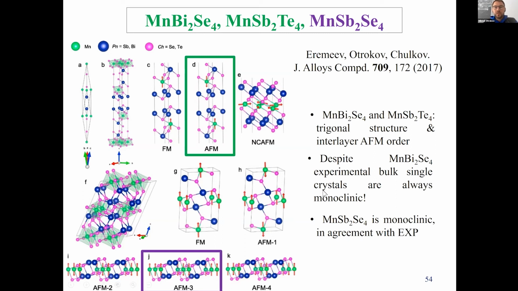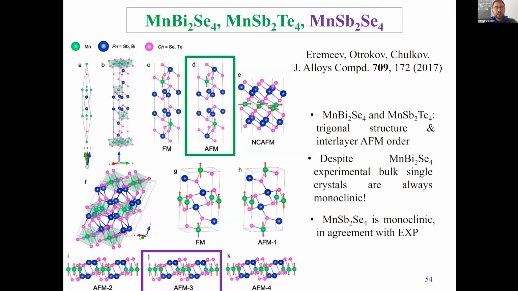Actually, the funny thing about this system is that in bulk single crystals, it was always monoclinic, and monoclinic structures give you quite large fundamental bulk band gaps, and so it is not a topological insulator.